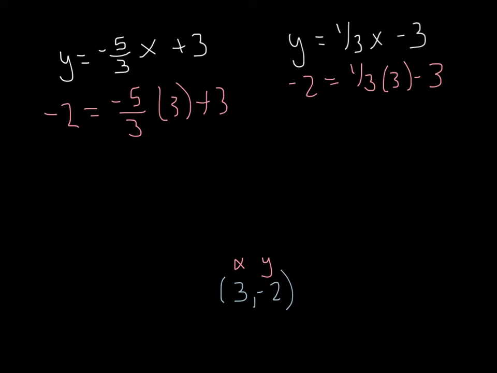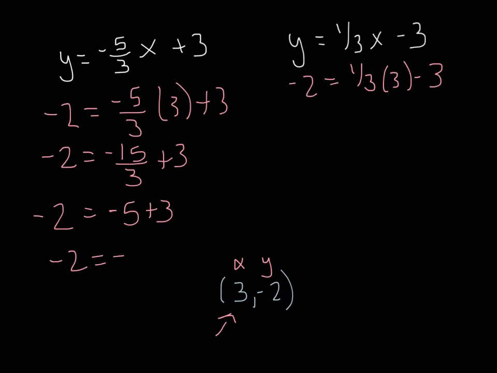And I'm just going to simplify the right-hand side, and if it equals -2 when we get a true statement, then we know that the point 3, -2 worked for it. So -2 equals, now I've got to do some math. What's 3 times -5/3? Well, that'd be -15/3 plus 3, which is going to end up being -5 plus 3, which results in this final statement. -2 does equal -2. Therefore, this point made this equation true, so it must work for that equation.